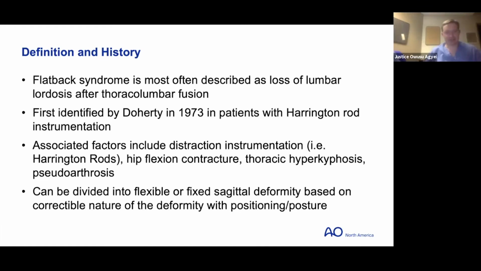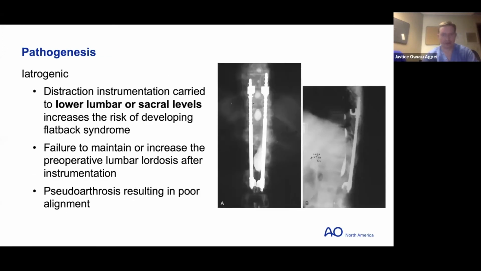Most of the time when we're discussing flatback syndrome, we are talking about iatrogenic causes. It can be divided into flexed or fixed sagittal deformity based on how correctable the deformity is with positioning or posture. So what exactly causes flatback syndrome? Well, usually it's us.